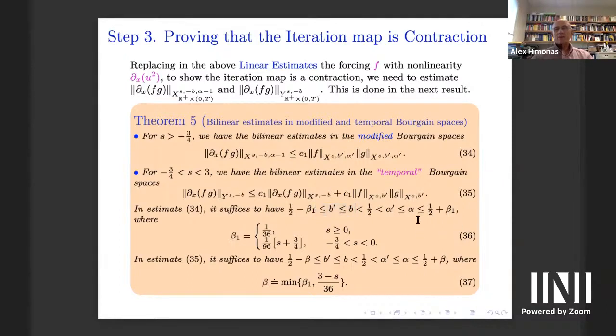But the alphas that help us are above 1/2, but close to 1/2. And then proving this bilinear estimate, one finds the correct values, ranges of these alphas and betas.